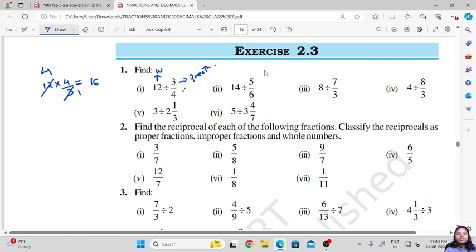So we'll get here 16. Then see again a similar case, 14 into 6 by 5. So you have to multiply this. So we'll do 14 into 6, 4 6s are 24, 6 1s are 6, 7 8s are 84. So we'll get 84 upon 5. So similarly you have to solve the rest of the examples.